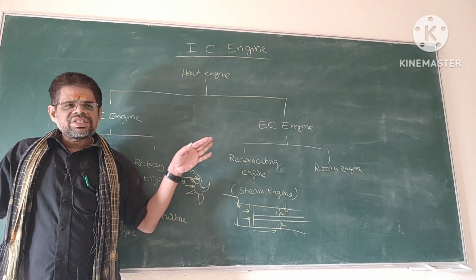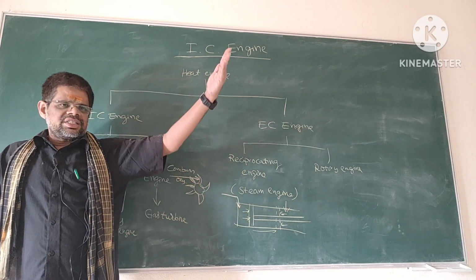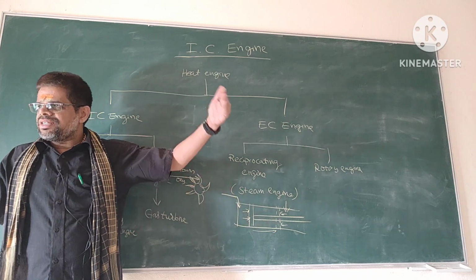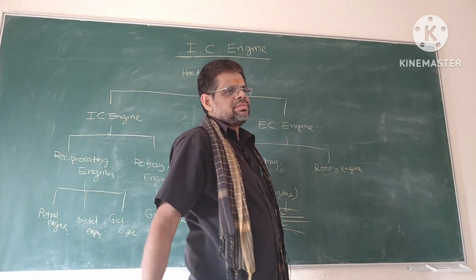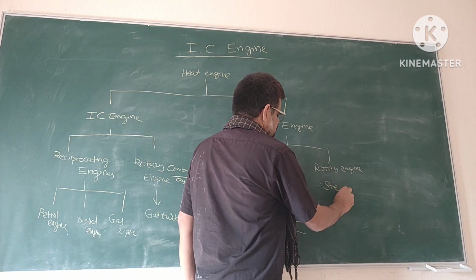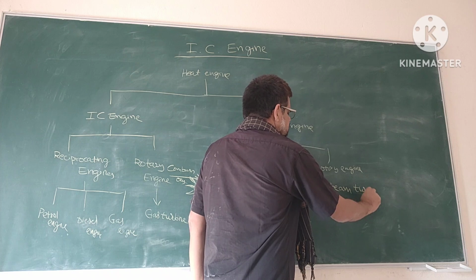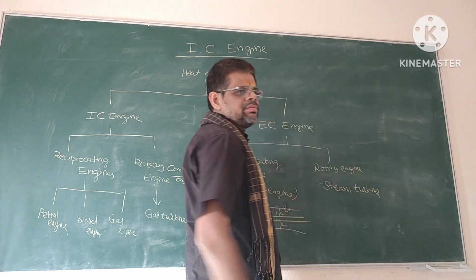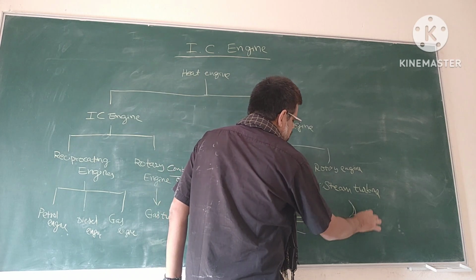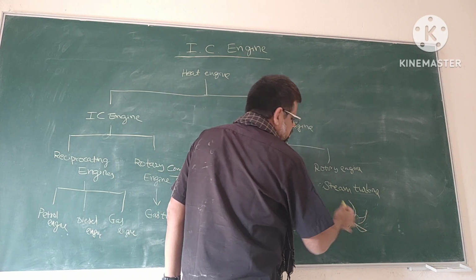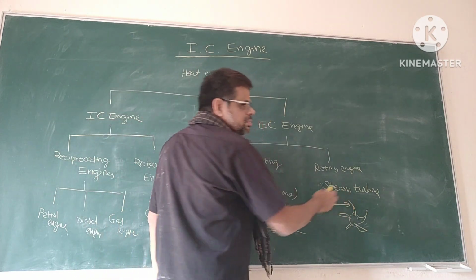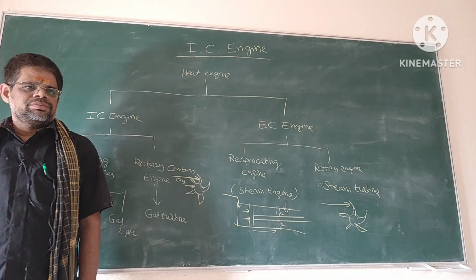Here the combustion takes place at some place other than inside the engine, so it takes place outside the engine. And for the rotary engine, the example is the steam turbine. This is also a turbine, so just like the gas turbine, you will have a rotor with blades. Instead of combustion gases, here we allow steam to impinge on it.